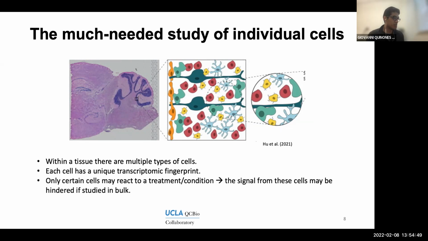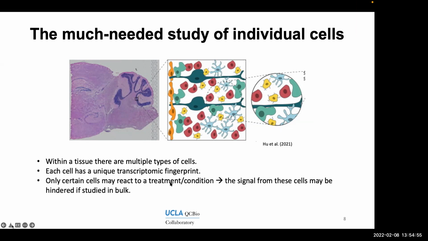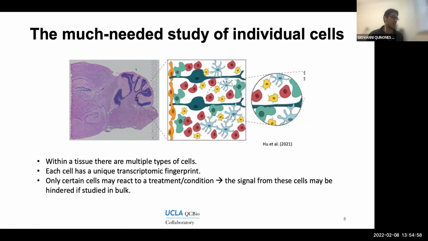And probably the most important point also is that in a typical study that compares the reaction to a specific treatment or condition, this treatment or condition may affect only a specific type of cell.